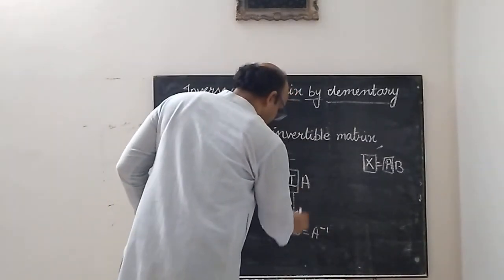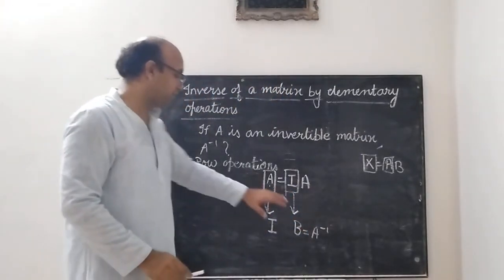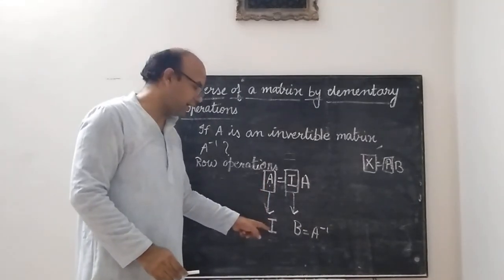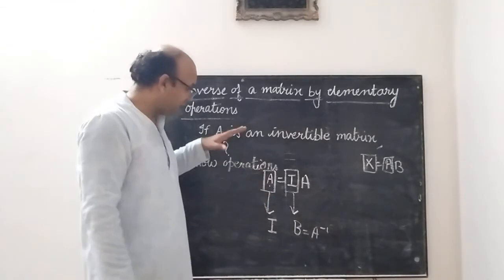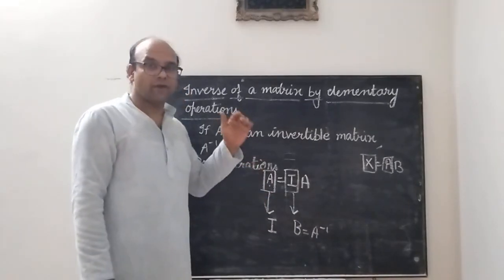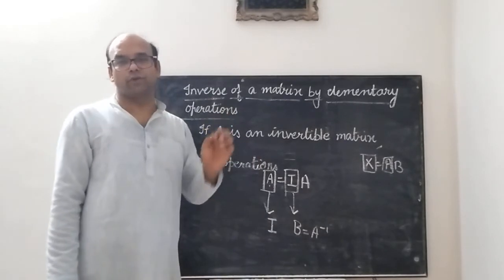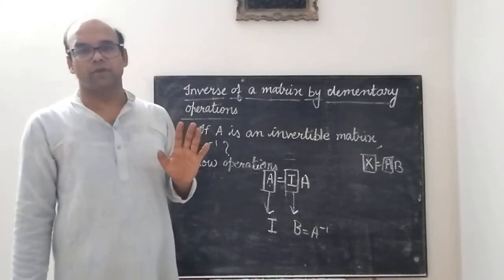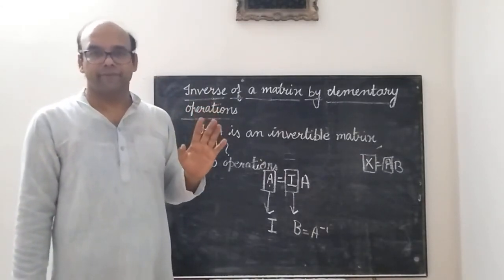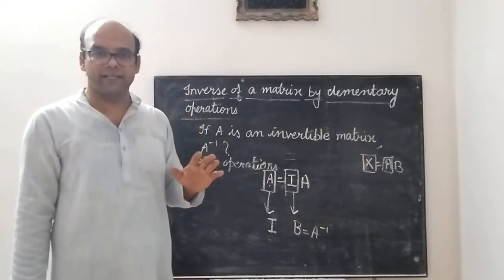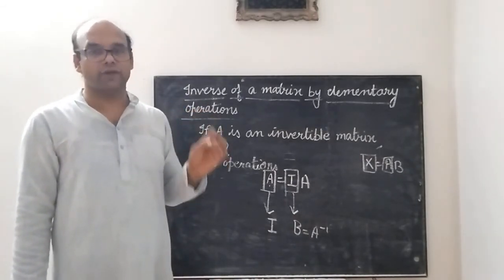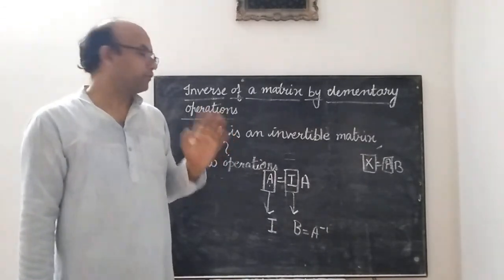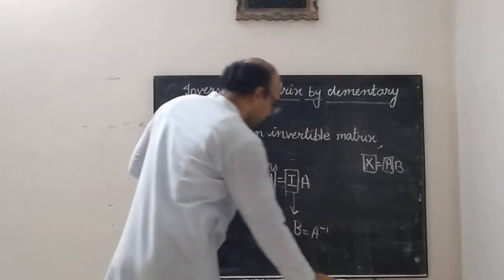This will basically change to another matrix which will give us the inverse, provided this matrix gets converted into the identity matrix. If at any stage we find that all the elements of any particular row are 0, then we stop and we say that the inverse does not exist for the matrix A. Now, this is for the row operations.